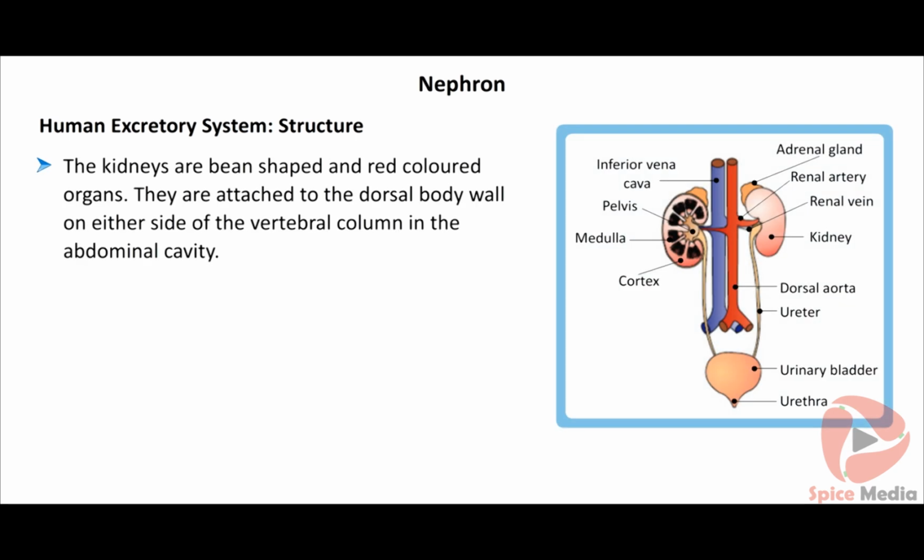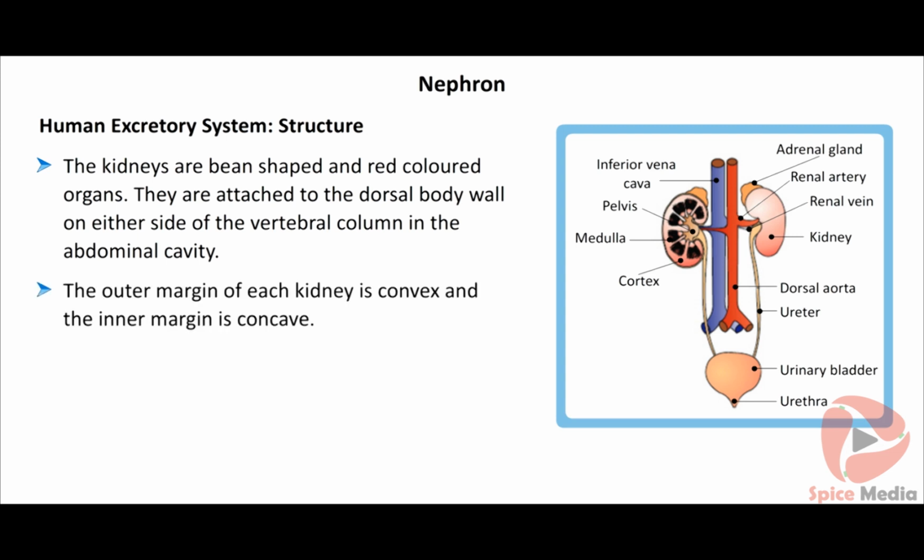The kidneys are bean-shaped and red-colored organs. They are attached to the dorsal body wall on either side of the vertebral column in the abdominal cavity. The outer margin of each kidney is convex and the inner margin is concave. There is a notch present on the inner margin.